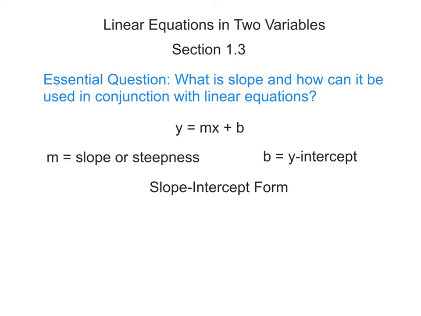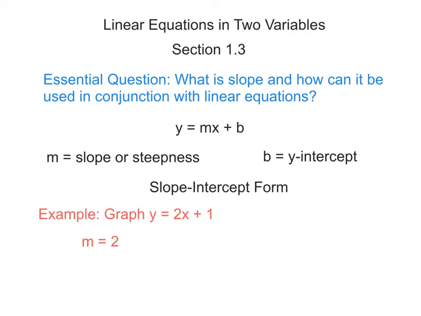So once you have determined the slope and the y-intercept of a line, it is pretty simple to graph the line. So let's look at the example where we are asked to graph the equation y equals 2x plus 1. Now, it's fairly obvious from this equation that m is simply equal to 2. Well, what does that mean? That means the slope is 2.